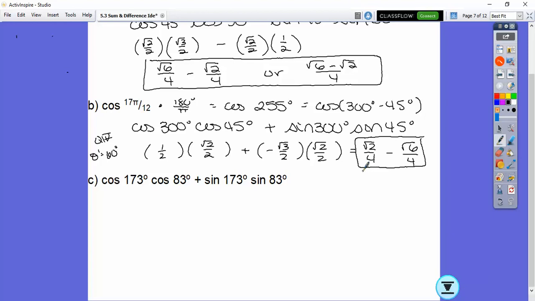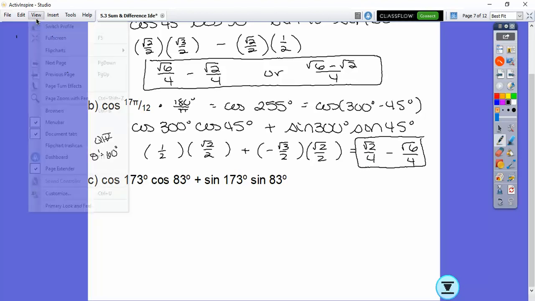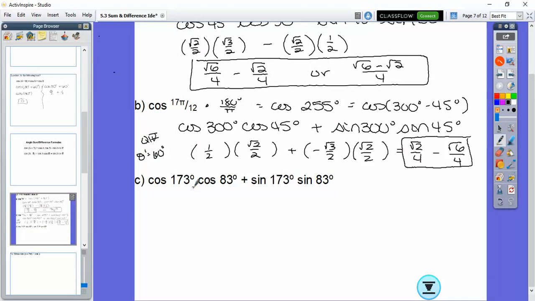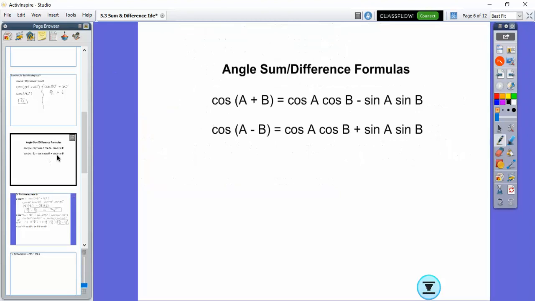Do you recognize anything about this? Yeah, it's the formula. Cosine times cosine plus sine times sine. It's this formula. So I gave you this side, you have to rewrite it using this one.